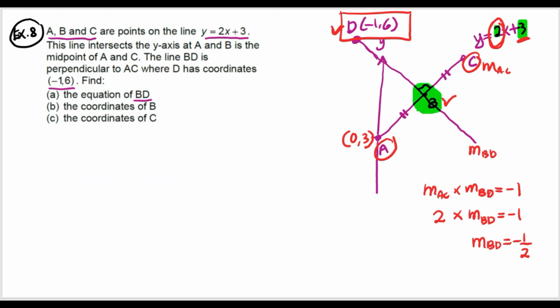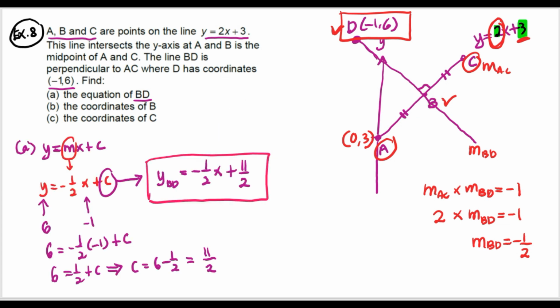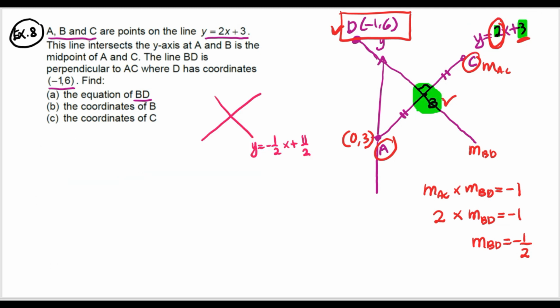-half X. Okay, let me just redraw this. Y equal to -half X plus 11 over 2, and the equation for AC is given by this one, Y equal to 2x plus 3.